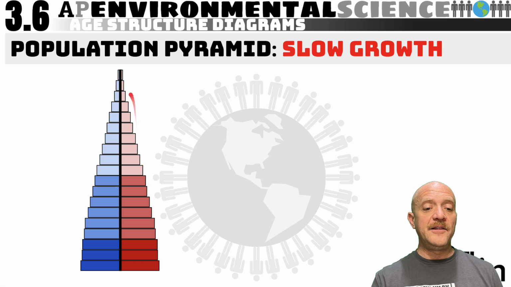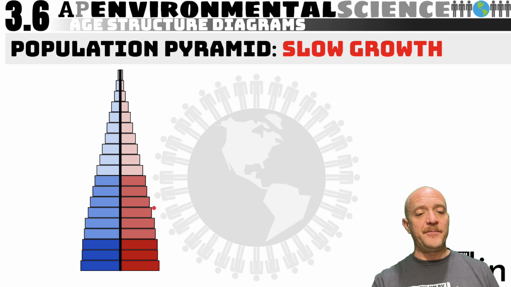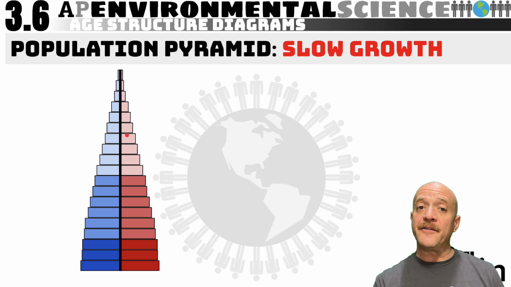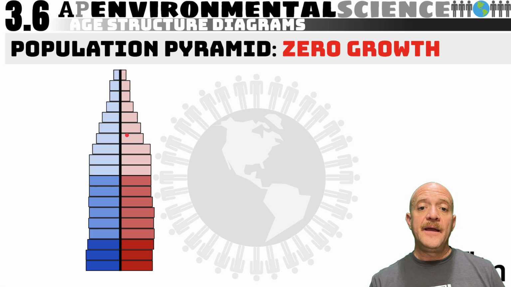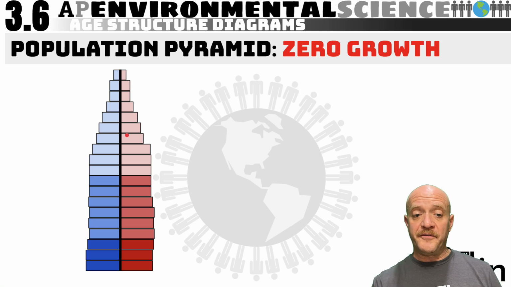With slow growth, it looks more like a blade of a knife, for example. It is still wider at the base than the reproductive, and the reproductive is still wider than the post-reproductive.